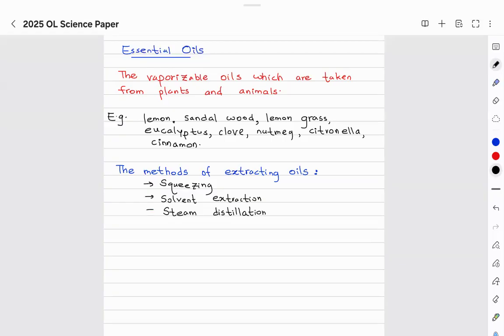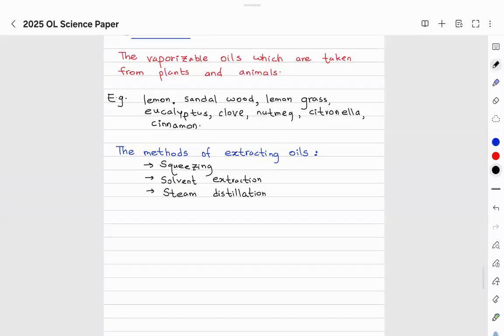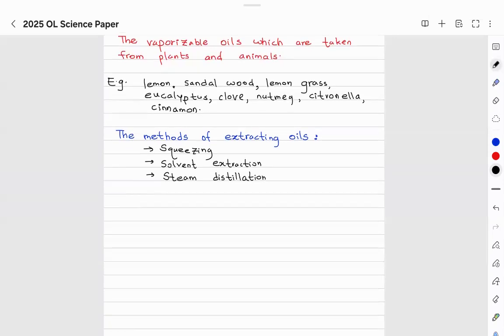The methods of extracting essential oils are squeezing, solvent extraction, and steam distillation, right? So let's discuss these three in detail under the theory revision. Now just try to understand the methods. I'll discuss this steam distillation in brief.